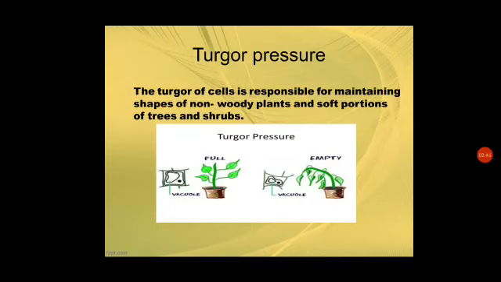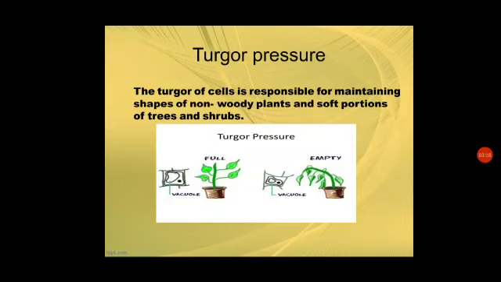We have seen the 3 types of solutions: hypotonic, hypertonic and isotonic, and what happens to the cell in these environments. In an isotonic environment, where the solute and solvent concentration is equal, the cell is in the normal state. But in the other two states, the cell is not in the normal condition. Either it is ruptured or it is shrunk.